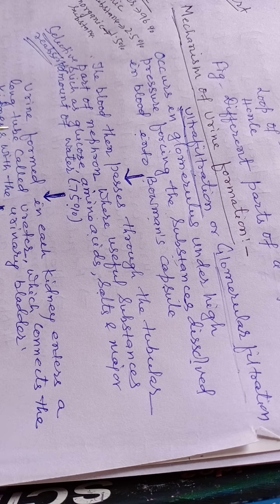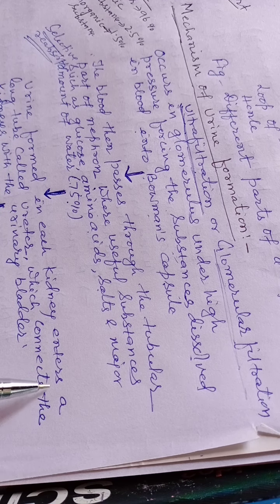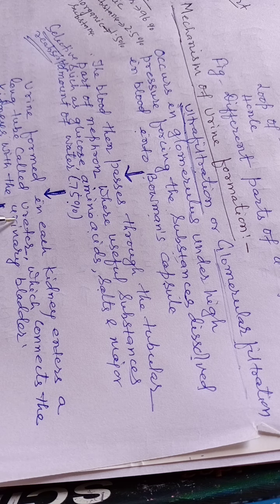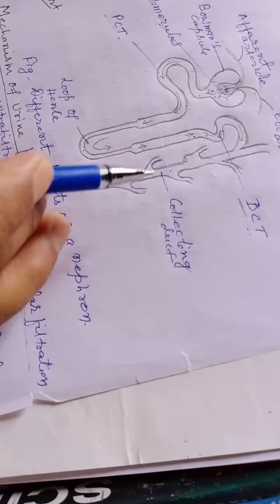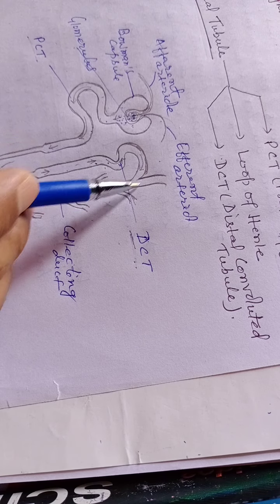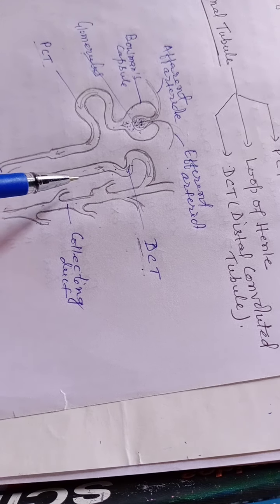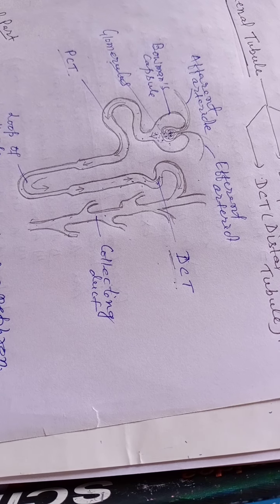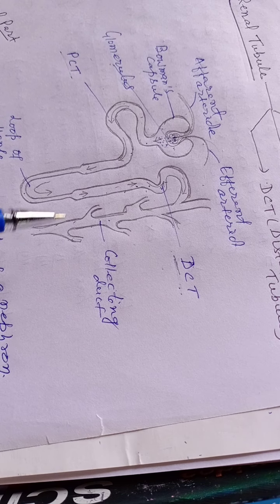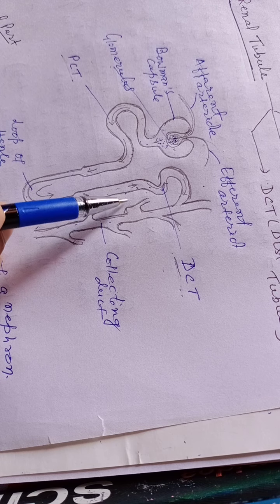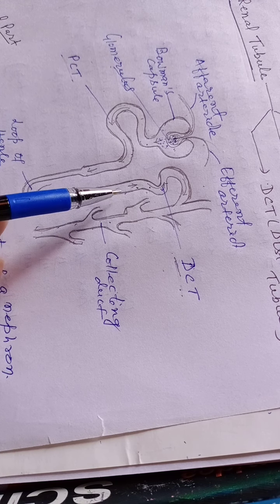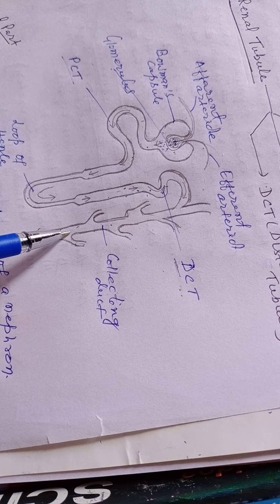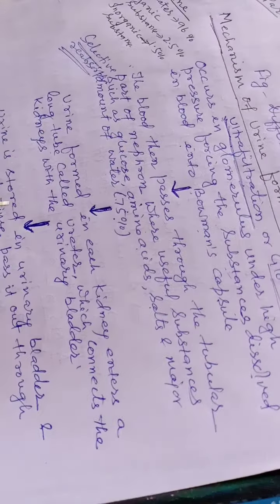In the distal convoluted tubules also, tubular secretion takes place along with organic creatine and other harmful substances, and urine is formed. This urine through collecting duct is sent to the ureter.